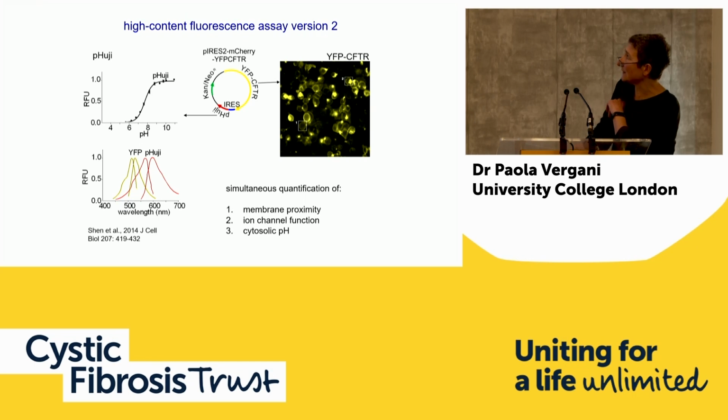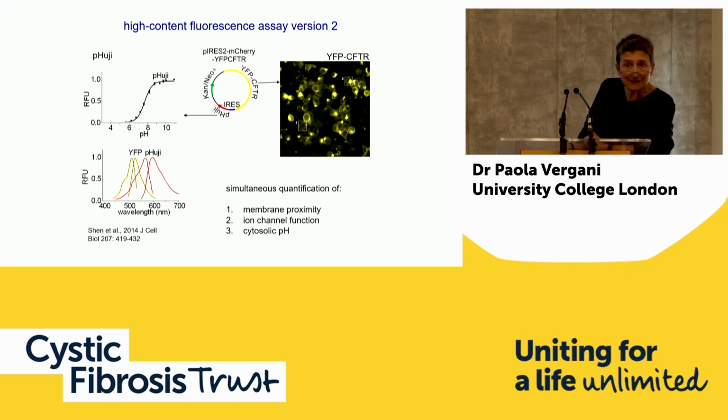So we are hoping to develop an assay that will allow us to simultaneously measure membrane proximity, ion channel function, and cytosolic pH. By altering the mathematical model to include also bicarbonate fluxes, we will be able to estimate both bicarbonate and chloride flow.